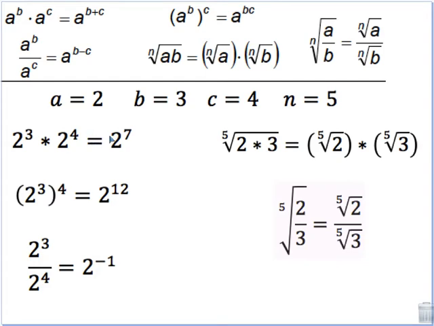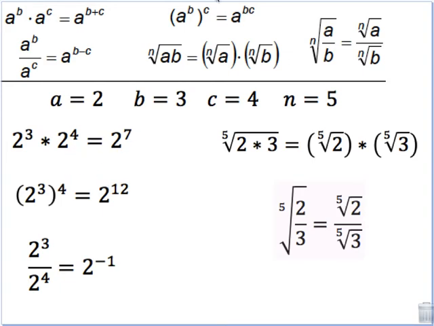If you wanted to, you could plug that into a calculator and see that you get the same answer. Here, when you have a raised to a power, then also raised to another power, then you multiply these two exponents together. If we had a situation like this, notice you still have a 3 and a 4, but because of the parentheses here, it's 2 to the 12th power, because 3 times 4 is 12, instead of 2 to the 7th power.